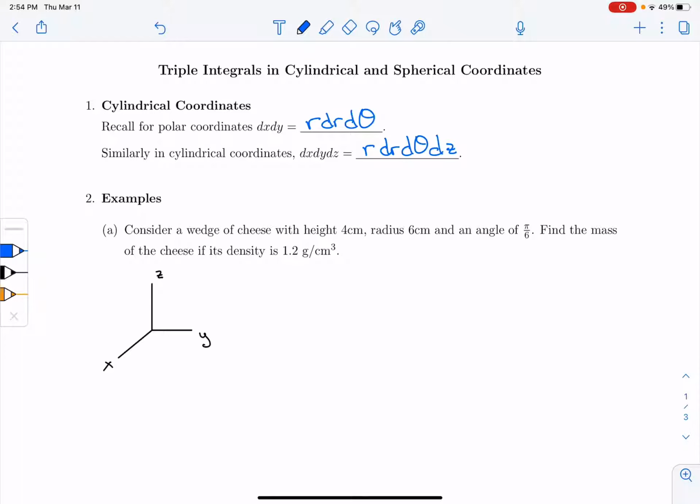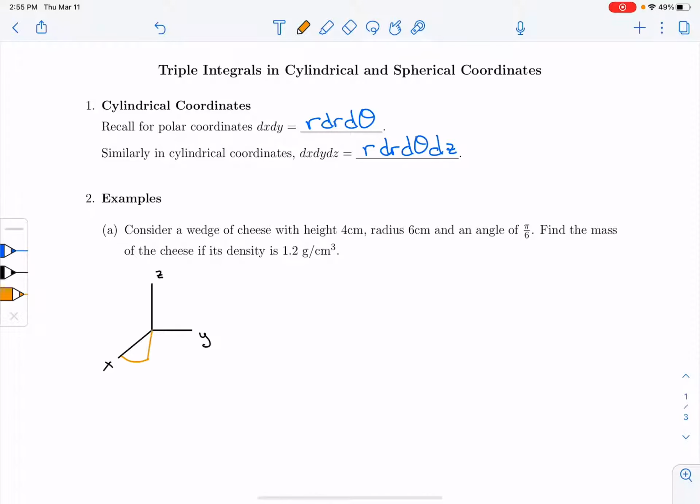So let's look at an example of how this works. We're going to consider a wedge of cheese with height 4 centimeters and radius 6 centimeters and an angle of pi over 6. So I'm going to start from the x-axis and trace out an angle that I believe is going to be pi over 6.